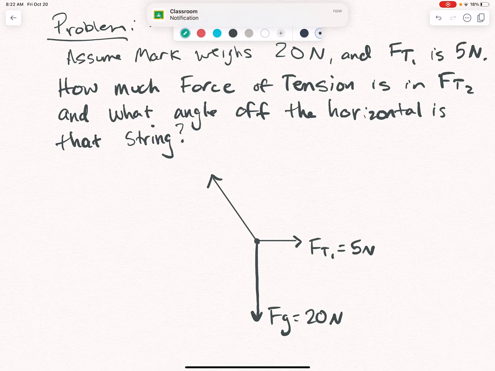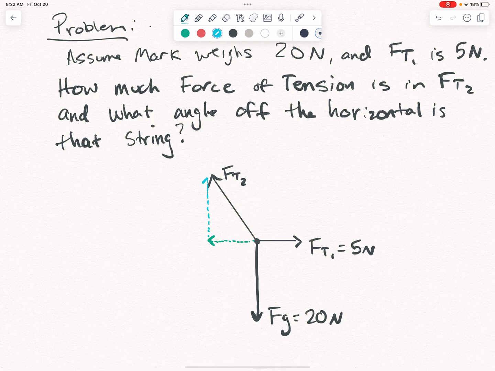When we think about that diagonal force, it's really composed of horizontal and vertical parts. And if we label this as FT2, then we can represent these horizontal and vertical vectors that take the place of what FT2 pulling diagonally is really doing.